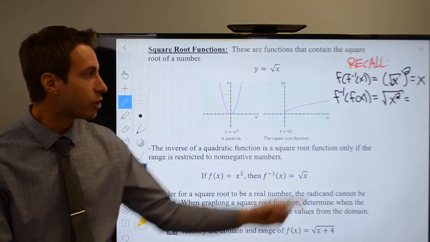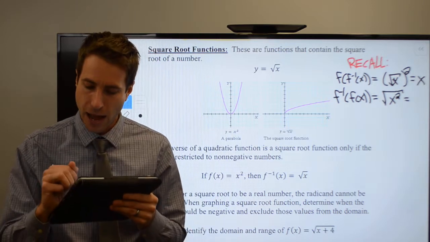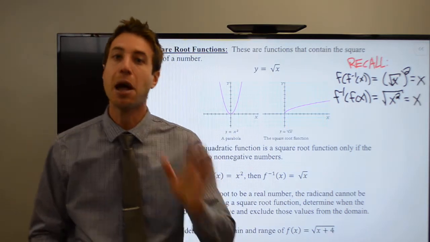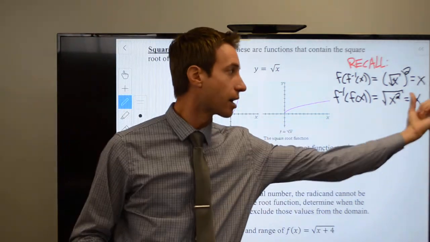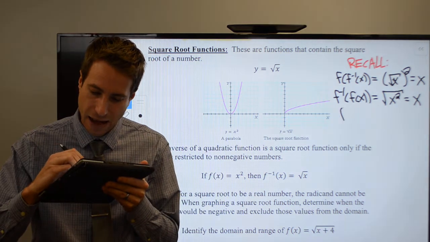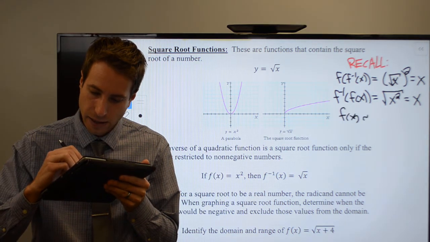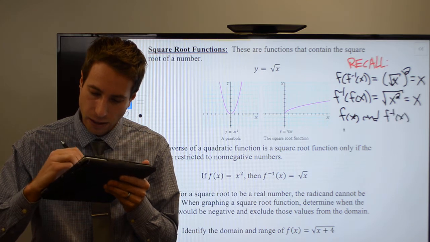Once again, square root and square cancel each other out. I'm left with just an x, and by definition, because the composite functions come out to be the identity function, I know that f of x and f inverse of x are inverse functions.